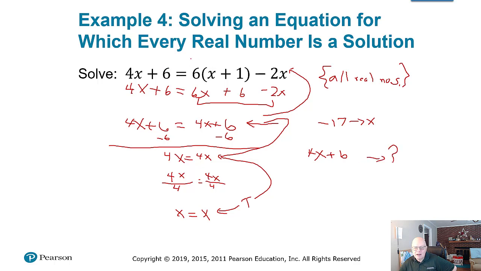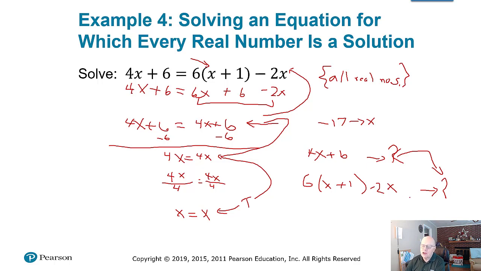Now on your calculator, on the right-hand side over here, type in 6 parentheses x plus 1 minus 2x and see what you get. What you'll find is no matter what you put in for x, your results are going to be exactly the same all the time. So your solution set is the set of all real numbers.